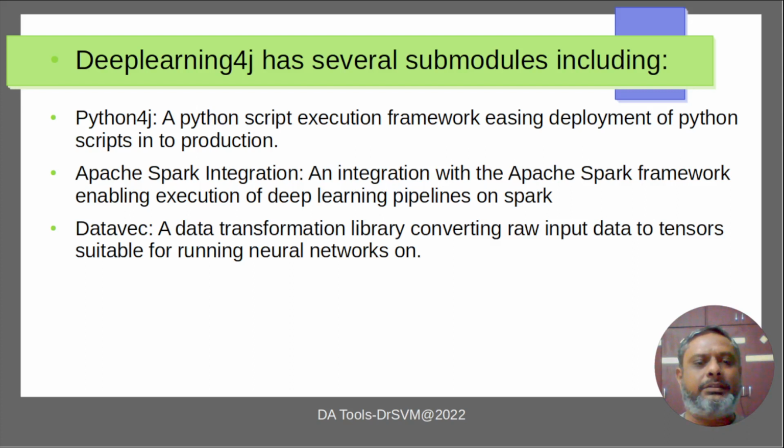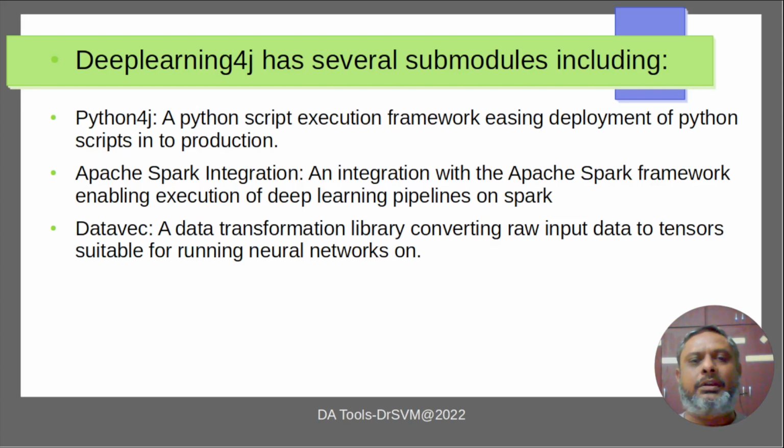Apache Spark integration is provided, enabling the execution of deep learning pipelines on Spark. DataVec, a data transformation library, converting raw input into tensors suitable for running neural networks. So when the data is available, using the raw data directly is going to be tiresome and a very inefficient way of working.